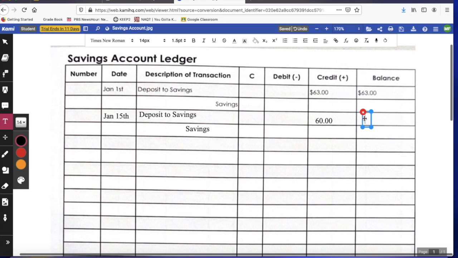So that will be $123. That is his new account balance. Pretty simple. Let me know if you have questions, and see you in the next video.